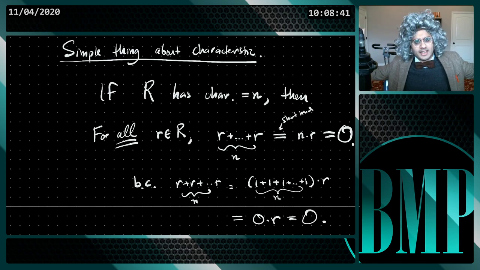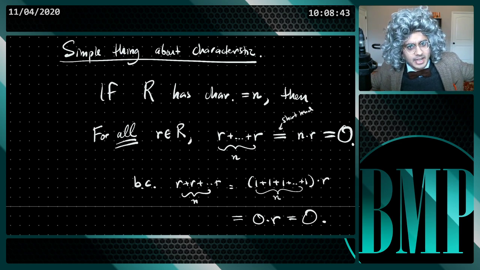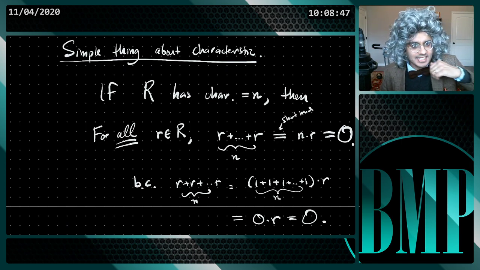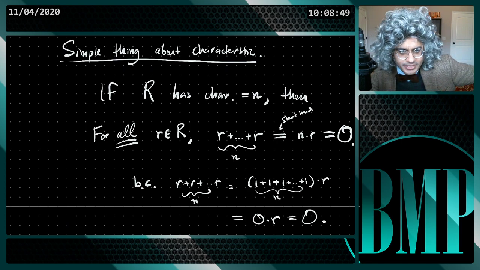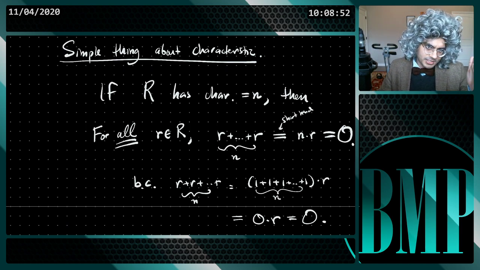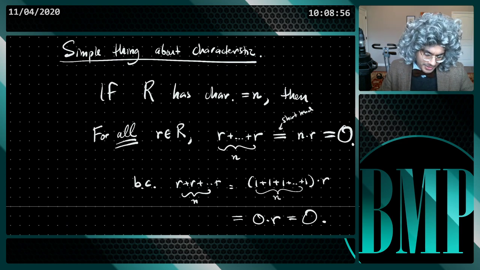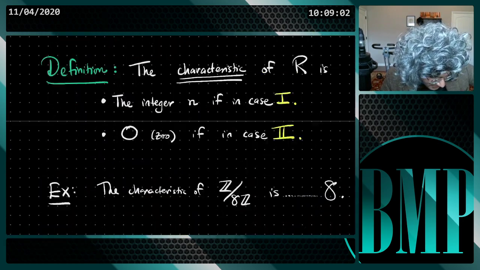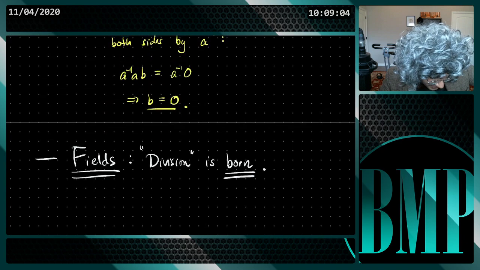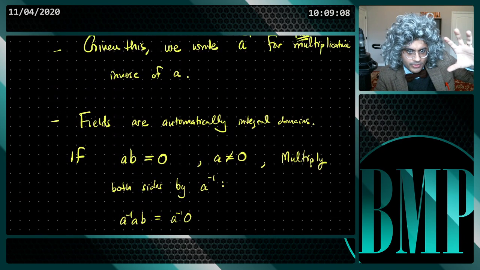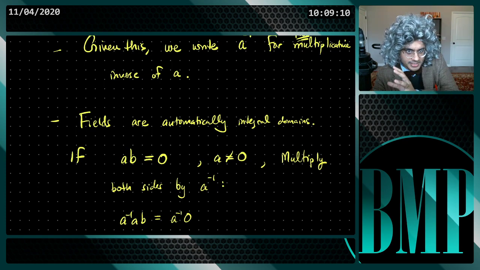So everything, you add it with itself n times, you get 0. So the characteristic rules every element. Once it rules one, it rules every element. Okay, awesome. So, finally, that's a definition. Go through your list of examples and classify them as finite characteristic and characteristic 0.